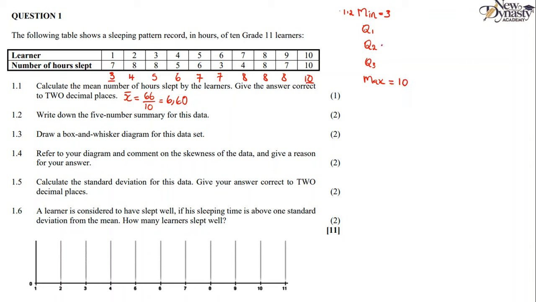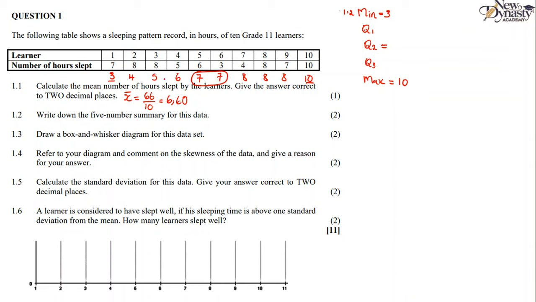From here, I'll advise you just to go straight to calculate the median. So the median, since the data set is even, meaning that it has got only 10 numbers and 10 is even, it means that the median is going to be the average of the two middle numbers. And those numbers are 7 and 7. Why am I saying so? Because this 7 and 7 divide your data into two equal parts.